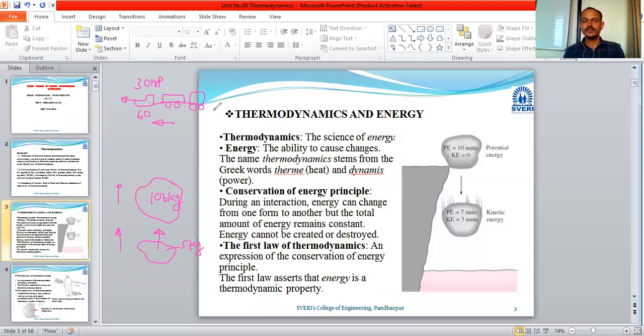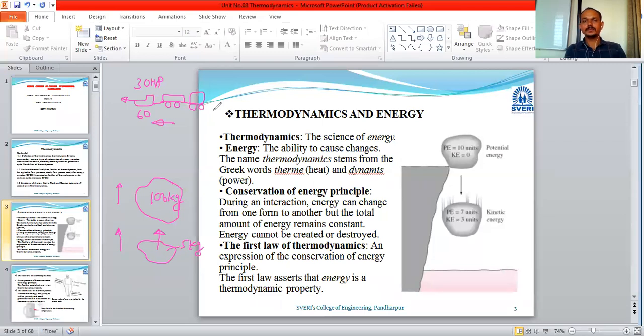Okay, now we know that energy is always constant. Energy can be in any form. We have seen some forms in the previous chapter, that is pump, compressor and turbine.